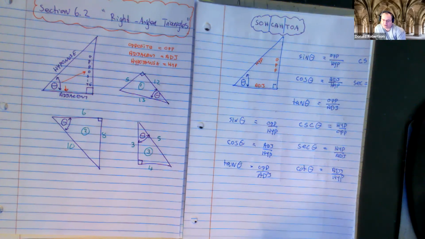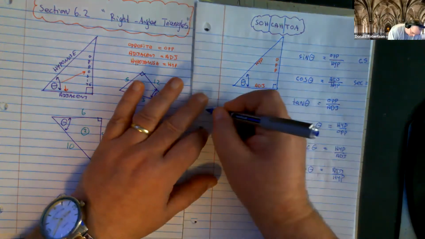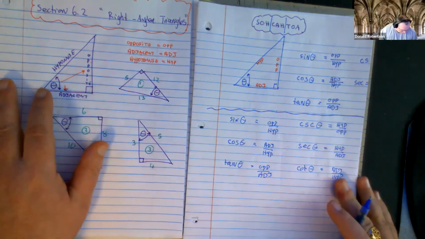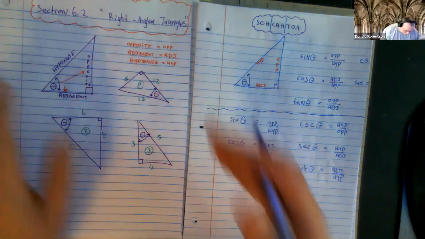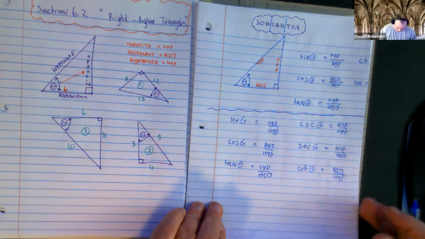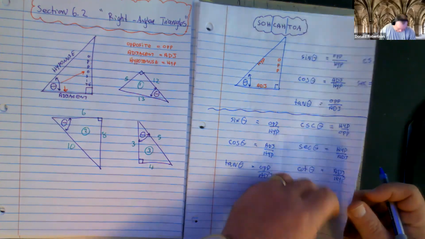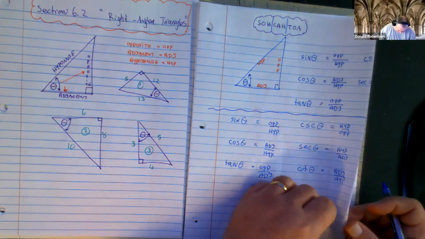Isn't that kind of nice that they have such a nice connection to each other? And what we're going to do is use that connection to help us solve problems involving right angled triangles. So here's my first little problem.